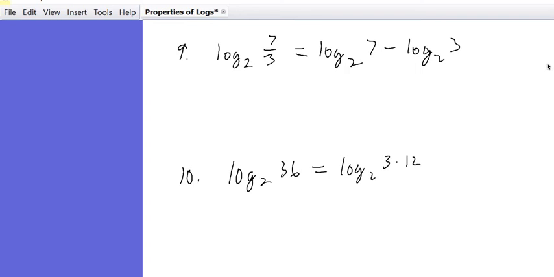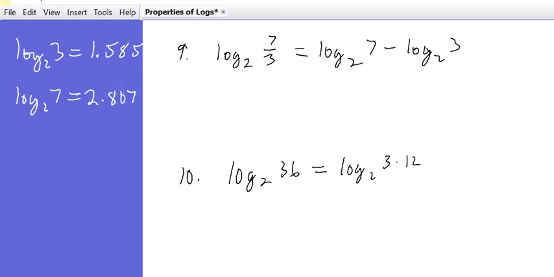Log base 2 of 3 is equal to 1.585. Log base 2 of 7 in your book is equal to 2.807.